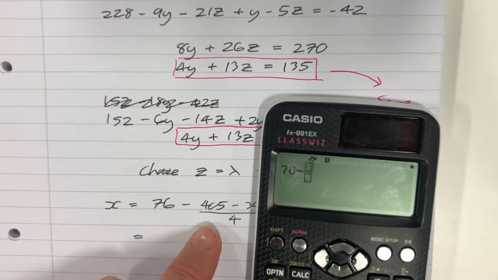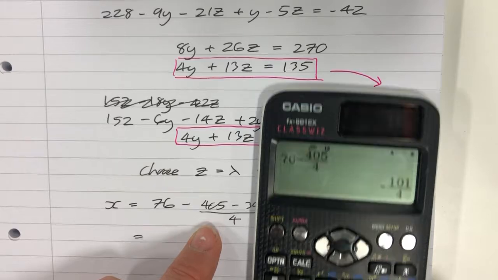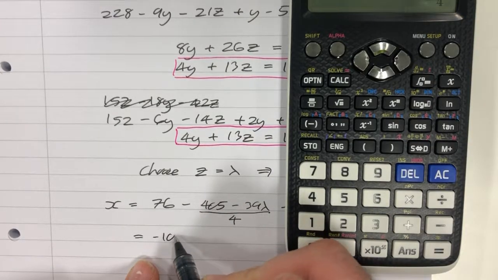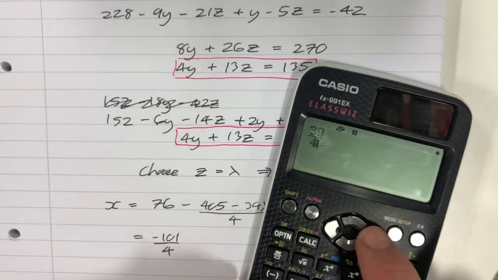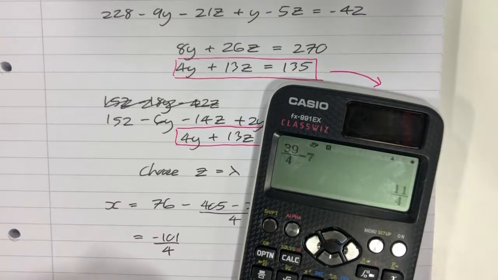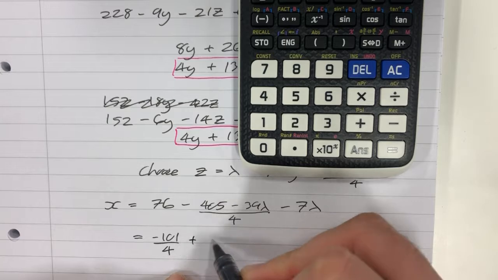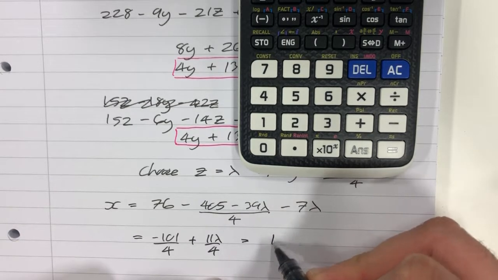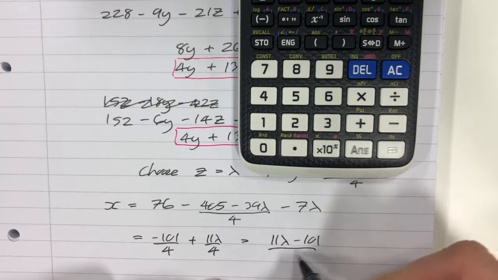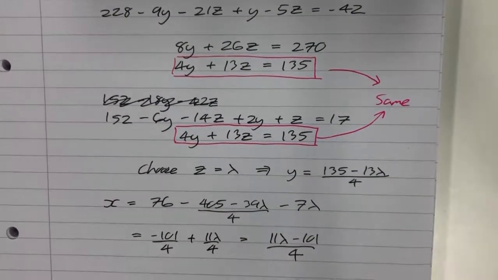76 minus 405 over 4 is minus 101 on 4. And then 39 on 4 minus 7 is 11 on 4, plus 11 lambda on 4. So that's 11 lambda minus 101 on 4. So now I've got x, y, and z in terms of lambda.